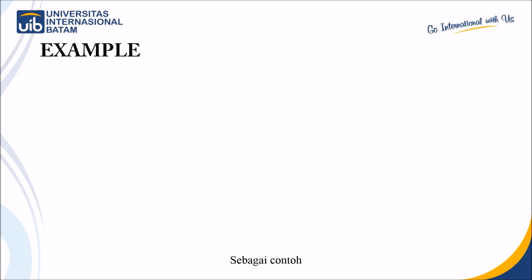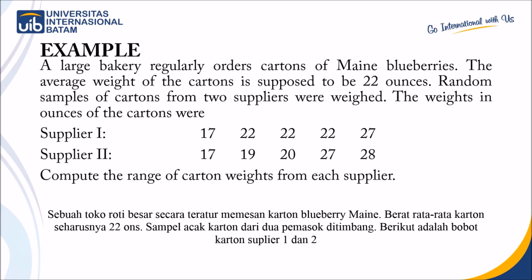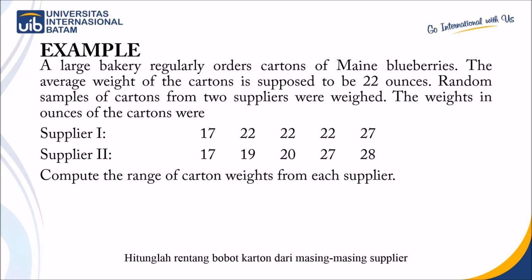For example, a large bakery regularly orders cartons of blueberries. The average weight of the cartons is supposed to be 22 ounces. Random samples of cartons from 2 suppliers were weighed. These are the weights of cartons from supplier 1 and supplier 2. Compute the range of carton weights from each supplier.